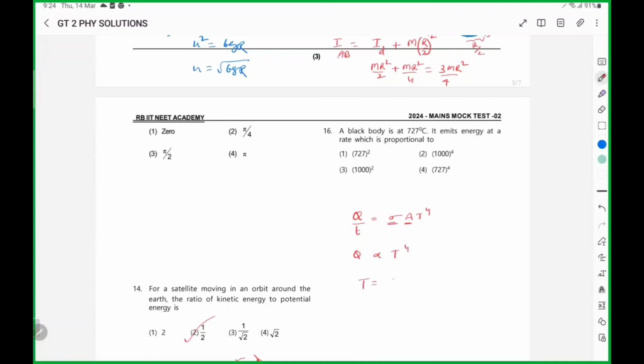T is the absolute value, 727 plus 273, which is 1000 Kelvin, 10 cube. So the amount of energy radiated is 10 cube power 4, that is 1000 power 4.